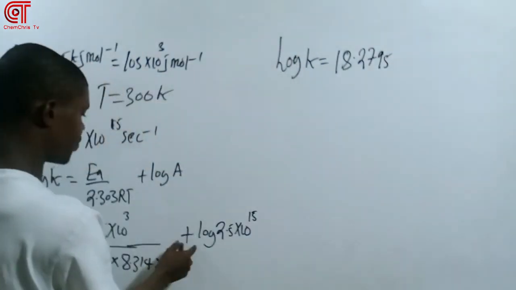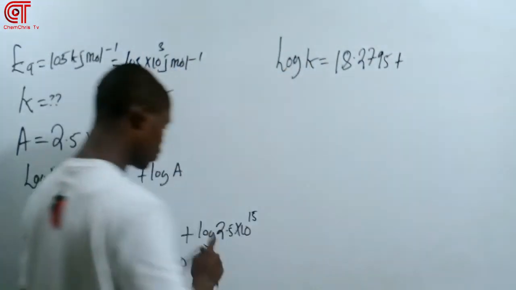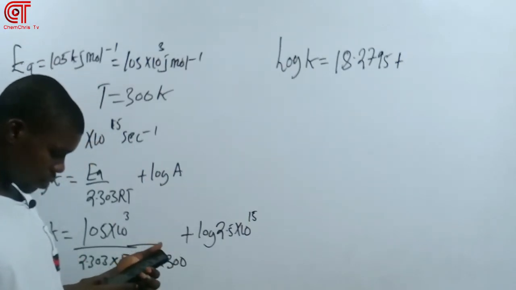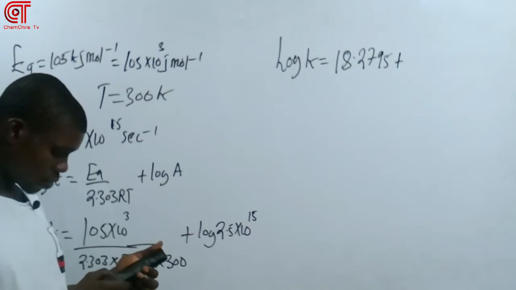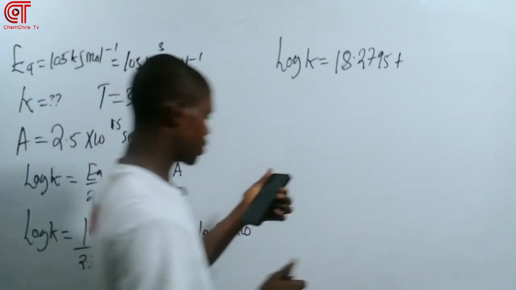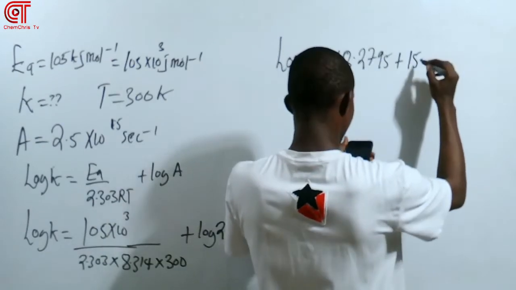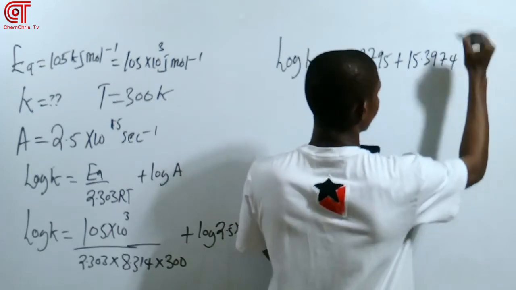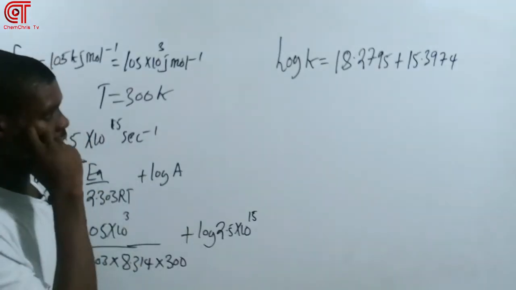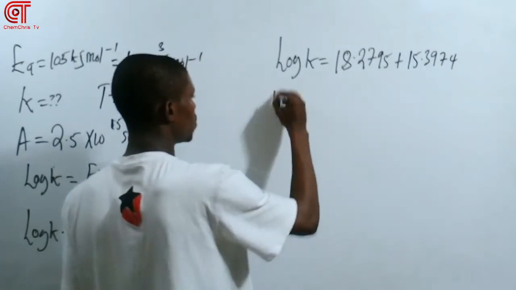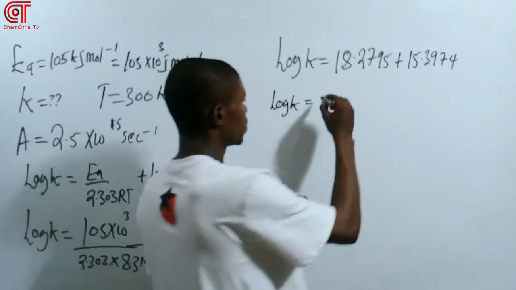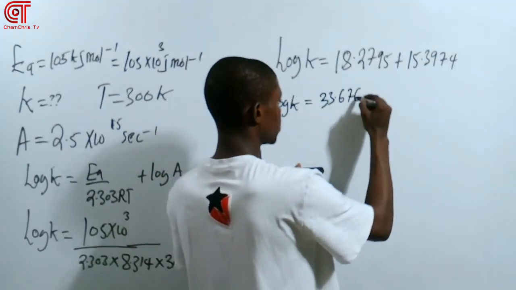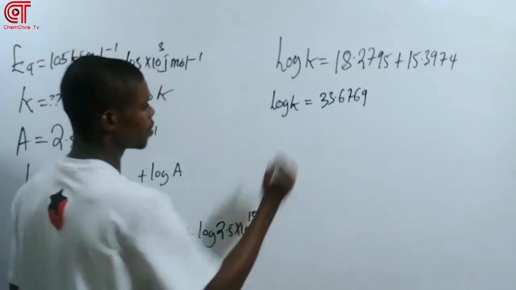Okay, then plus log 2.5 exponential 15, which is 15.3974. So that's what we have there. So you sum it together. Log K equals now 33.669. Remember we are looking for K.